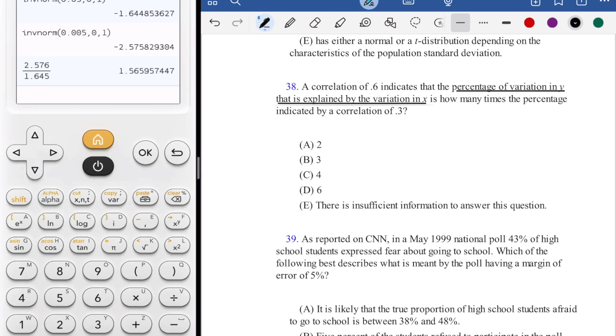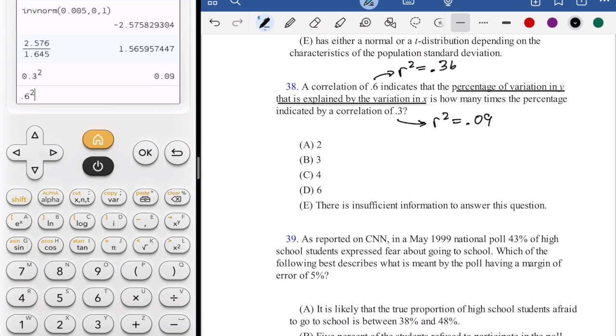All right, so they're asking us for the relationship between the two r squared values. This would be 0.36, and this would be an r squared of 0.09. So 0.6 squared and 0.3 squared.